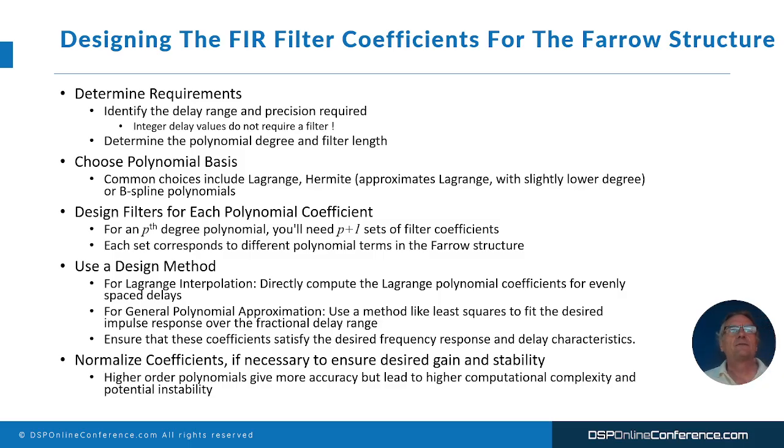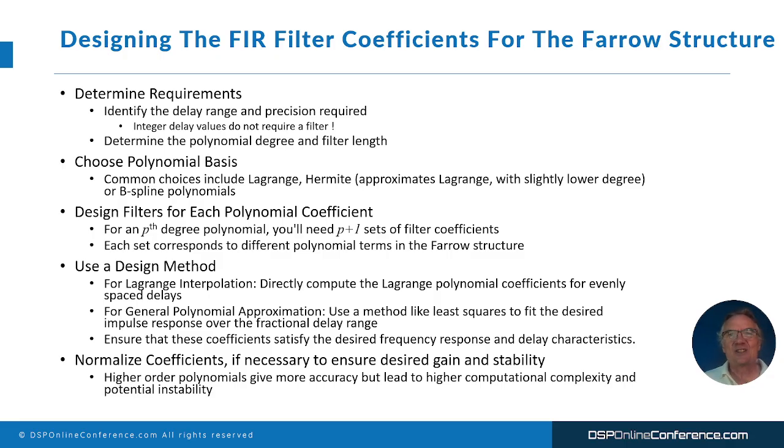In this talk I've talked through the two main ones that we're most likely to use for these types of filters, that's Lagrange and Hermite. And then we need to design the filters for each set of polynomial coefficients. We can use many different design techniques to design those coefficients.